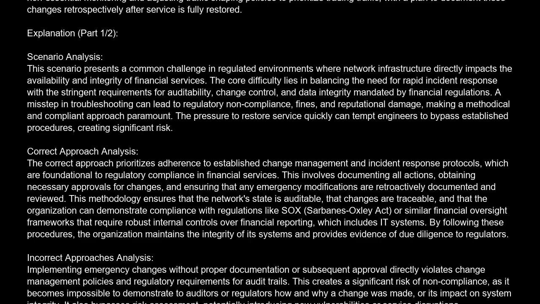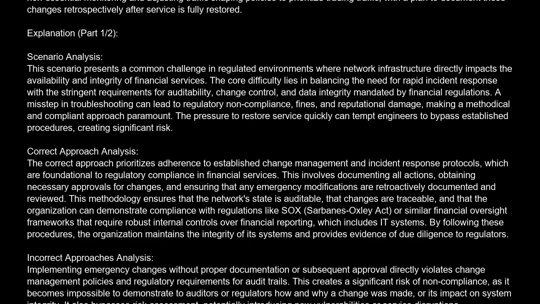Correct approach analysis. The correct approach prioritizes adherence to established change management and incident response protocols, which are foundational to regulatory compliance in financial services. This involves documenting all actions, obtaining necessary approvals for changes, and ensuring that any emergency modifications are retroactively documented and reviewed.